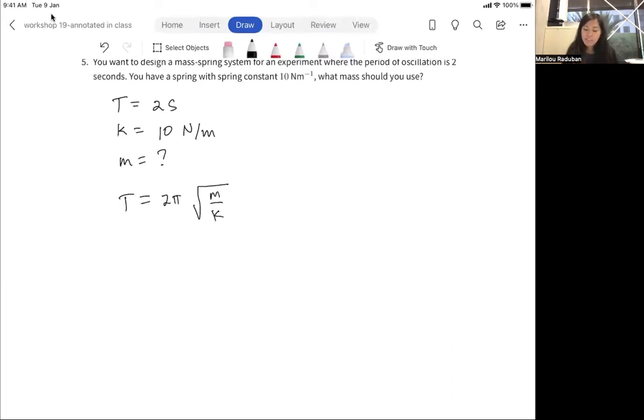So the period, T, is given, and the spring constant, k, is given. We then need to rearrange this to isolate mass. So how do we go about rearranging this?